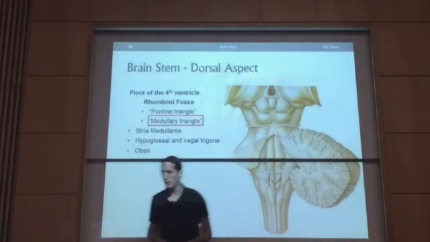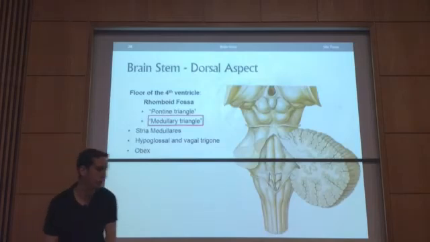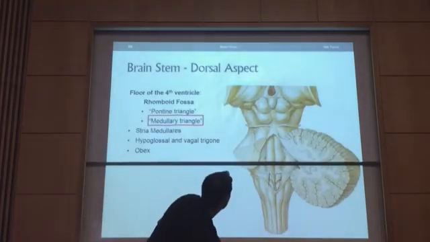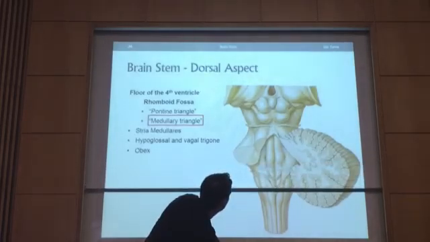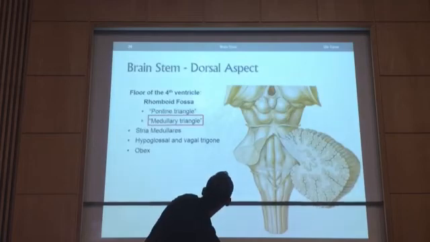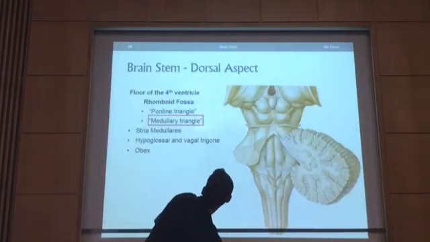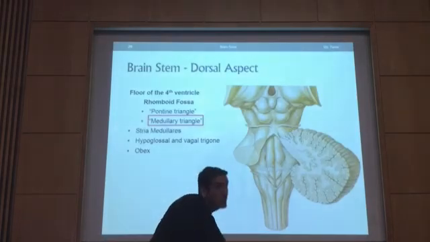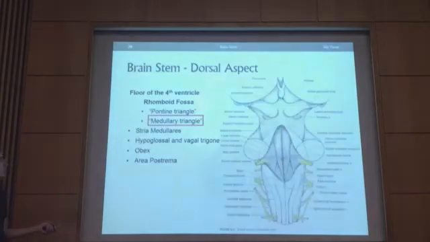In this drawing it looks a bit different, so it doesn't look exactly the same in all brains. Any other questions about the obex or the area postrema? Okay, let's move along.